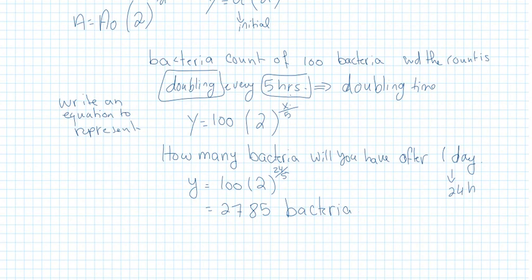An equation should always have a y value, a dependent variable, and an independent variable. What if you give us y but not x? Then this is solving, and you have to isolate for x, and then you have to do the log. We'll talk about this.